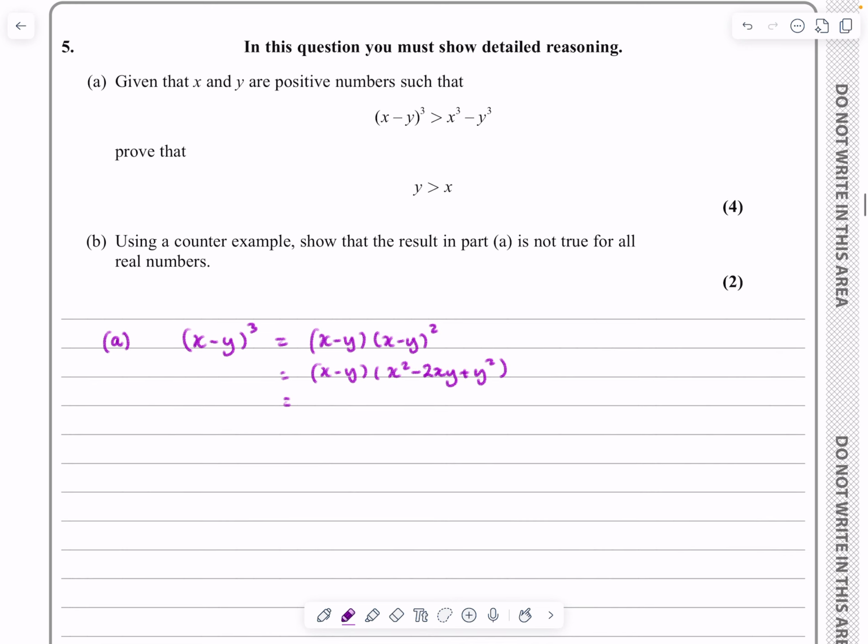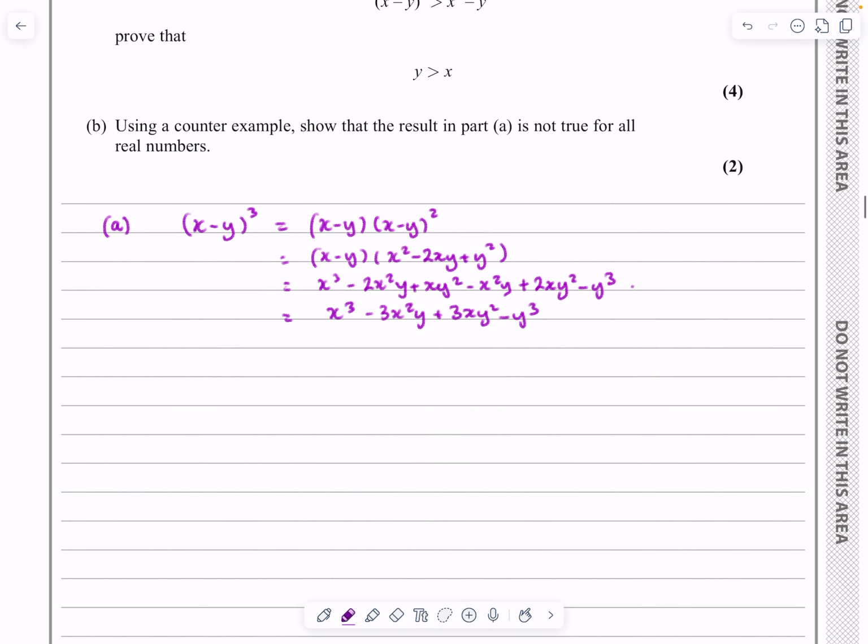So multiplying that out is going to give me x cubed minus 2x squared y plus xy squared, and then multiplying by the minus y, minus x squared y plus 2xy squared minus y cubed. So that all tidies up to x cubed, you've got minus 3x squared y, plus 3xy squared, and you've got minus y cubed there.